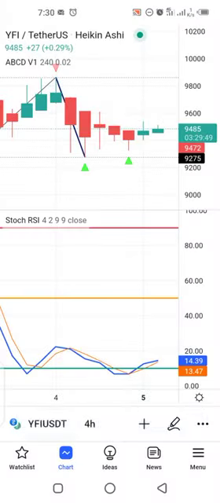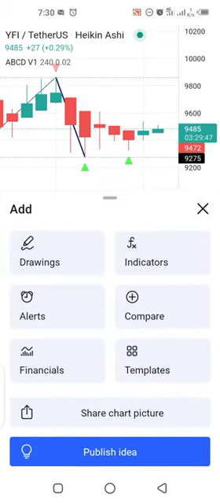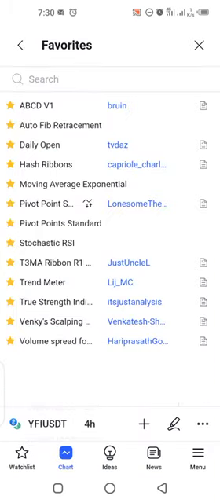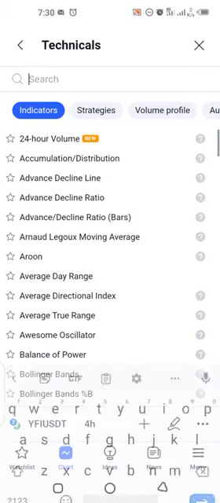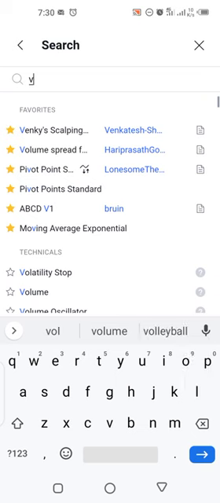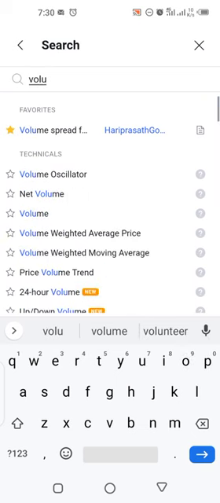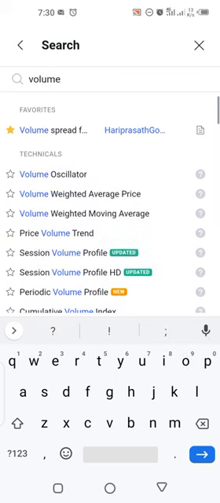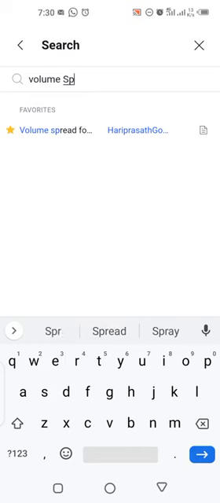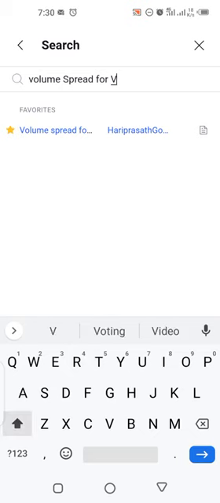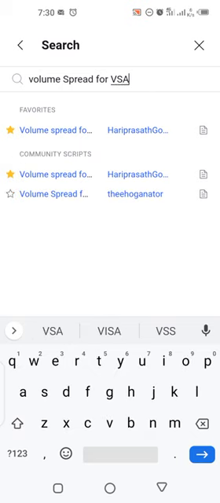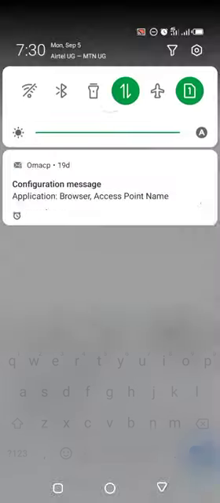Now let us have our second indicator, and we're going to go to technicals, and we write in the word volume spread for VSA, and it will give you this indicator for Hari Parasatha.